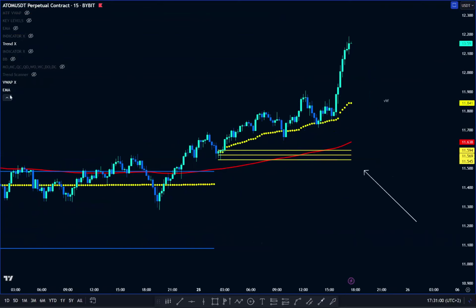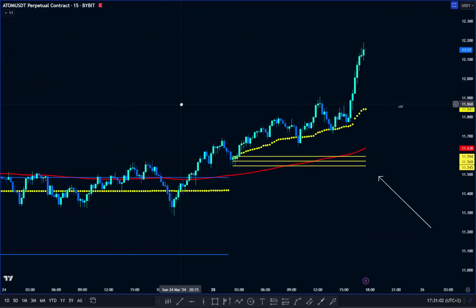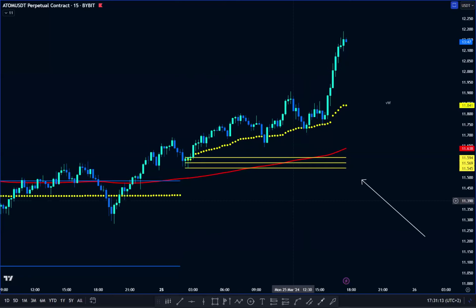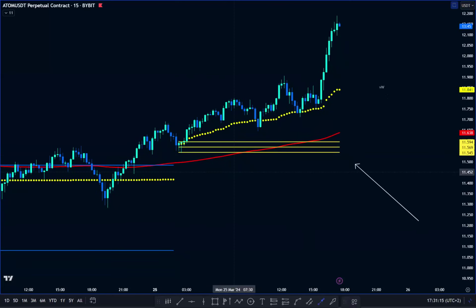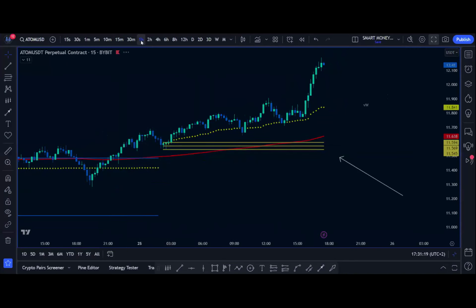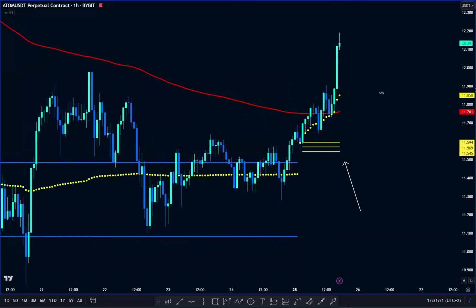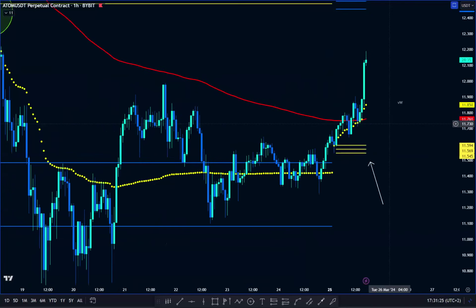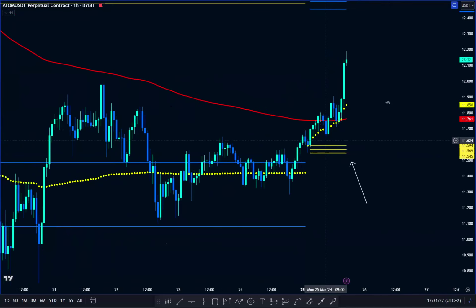So I never used to use the VWAP or the EMA that much, but I'm starting to. Pramod, his strategy introduced me to combining the EMA with this. And I've been testing a lot with the VWAP because it's one of the new indicators and it seems to be really working well. So you can see in this example here, okay, I'll go to the 1 hour. Because the thing with the EMA, it changes on every time frame, whereas the VWAP stays exactly the same, no matter what time frame you're on.